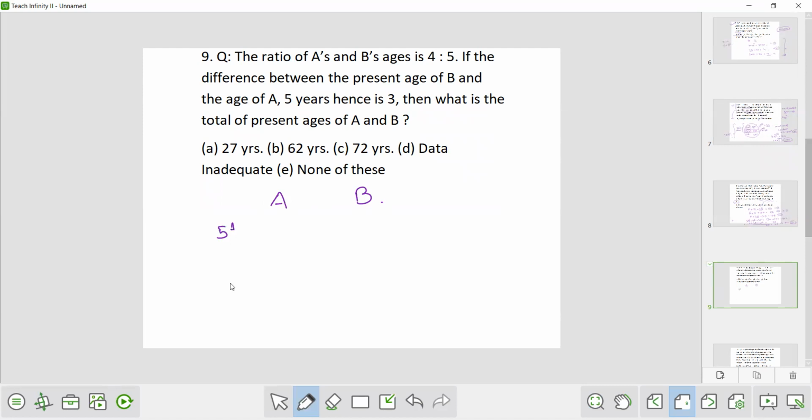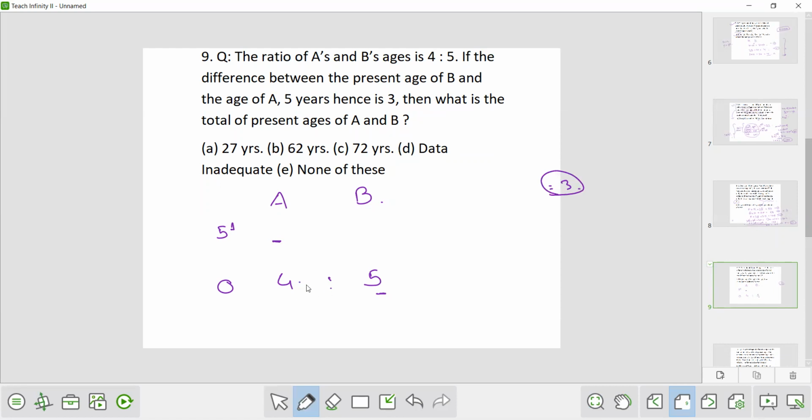So it's 5 plus, and at present. The ratio of A and B's age at present is 4:5. And the difference between the present age of B, means this, and the age of A 5 years hence, this, is 3. Then what is the total of the present ages of A and B?